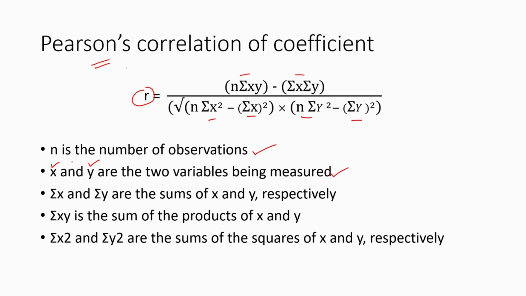If the x value changes, then the y value also changes. Sigma x and sigma y are the sums of x and y respectively. Sigma xy is the sum of the products of x and y. Sigma x squared and sigma y squared are the sums of the squares of x and y respectively.